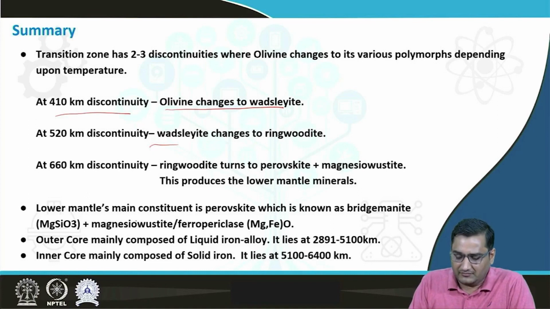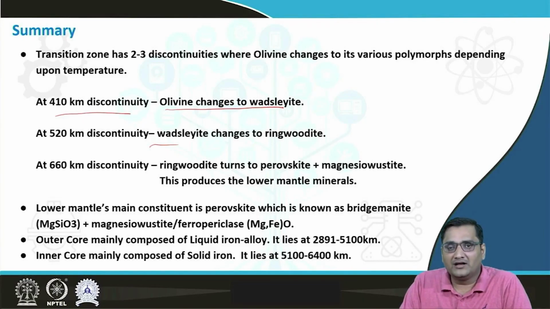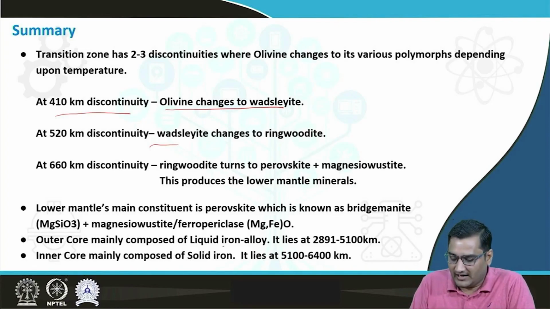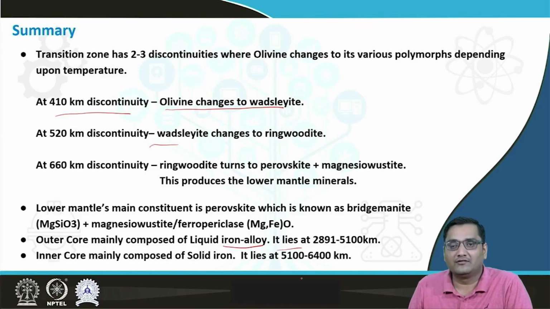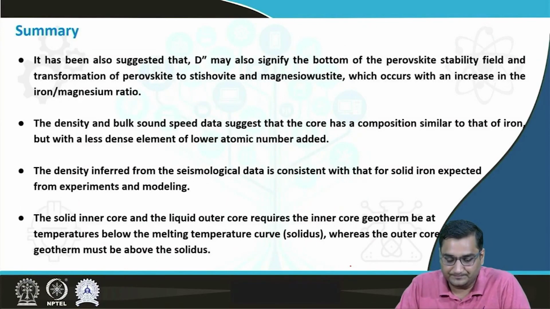The lower mantle's main constituent is perovskite, which is known as bridgmanite, and also there is magnesiowustite, or ferropericlase. The outer core is mainly composed of liquid iron alloy. It lies at 2891 to 5100 km, and the inner core, that is mainly composed of solid iron, lies at 5100 to 6400 km.